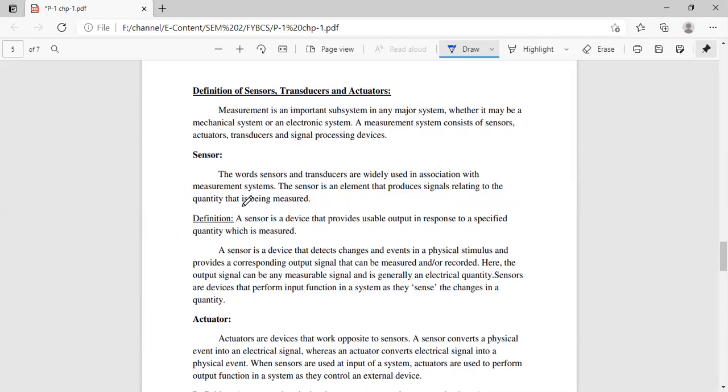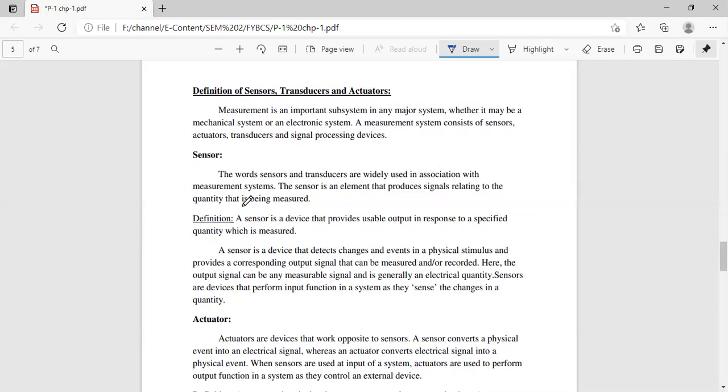Whatever we are measuring, for example temperature, the sensor will measure the temperature and produce some output which is proportional to the measured quantity, which is temperature. A sensor is a device that detects changes and events in a physical stimulus and provides a corresponding output signal that can be measured and or recorded.